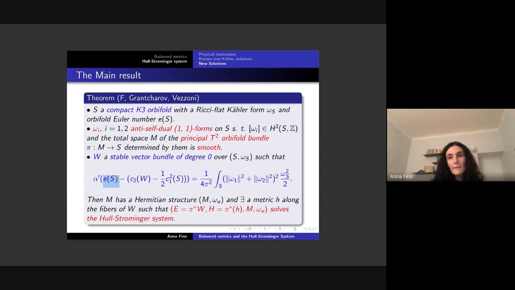And we show that there is a metric h along the fiber of W such that, again, as a solution we take omega u, so (M, omega u) is the conformally balanced metric on your compact Kähler manifold, let's say, and then you take the pullback under pi of small h and the pullback under pi of W.